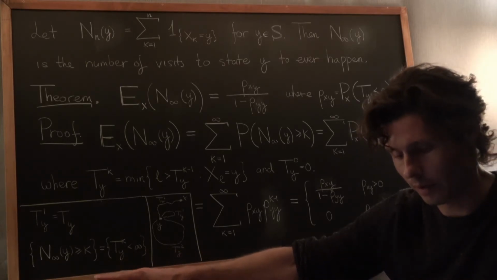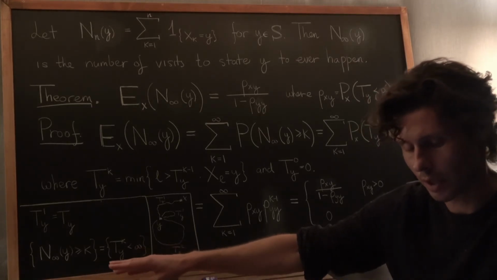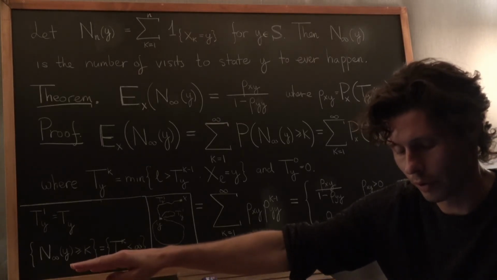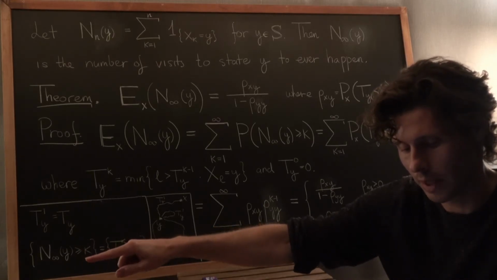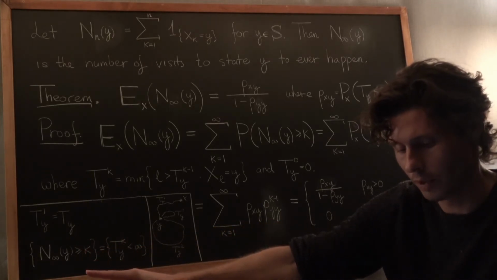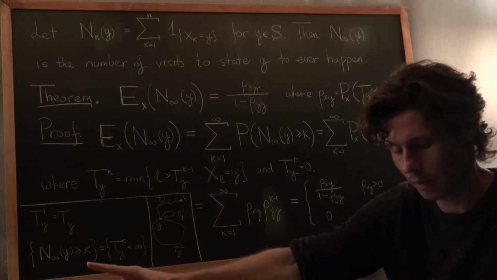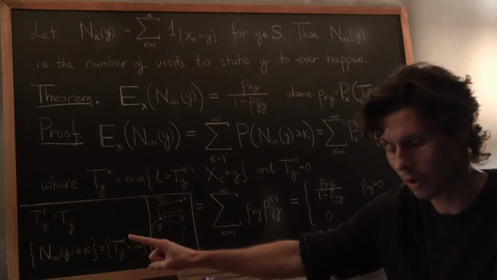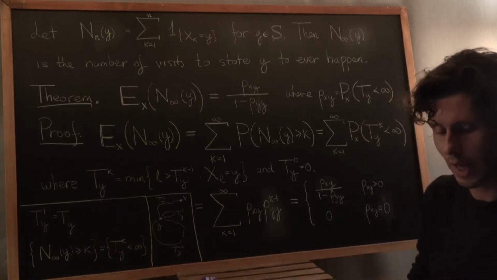You can think on your own, and the key point here is that when you want to establish an equality between two events or two sets, you want to conduct a proof going this way and that way. An even more rigorous way to write this would be to take an omega, an outcome in this set, and argue that it's also in this set, and then conversely to start with an omega in this set and argue that it is in fact in that set.